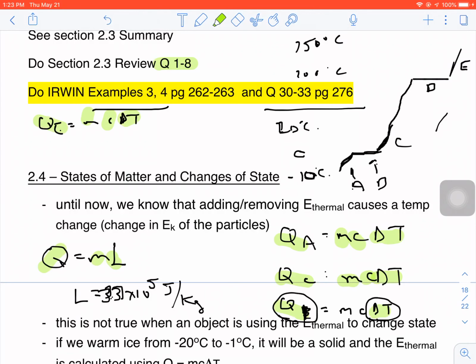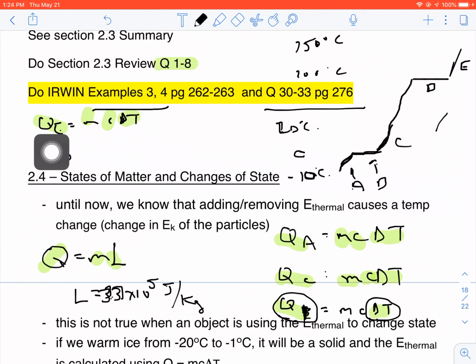Okay, the question is now, what happened in part D? Well, in part D, I had a change of state again. So notice that I can't use mc delta T again because there is no delta T, right? Just as much as I had before, if I've got no delta T, that would tell me that there was no thermal energy added, but I know I was heating it, right?